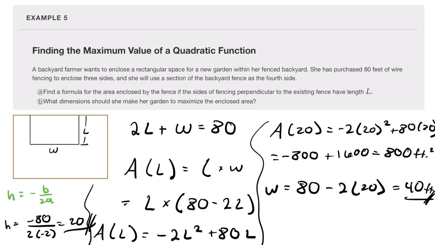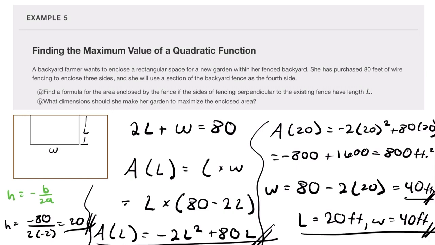So find the formula for the area enclosed by the fence. Okay, so the area based on L, and I think we got that. So that's going to be this guy. So that's part A. And then what dimension should she make her garden to maximize the enclosed area? So the dimensions that maximize, L looks like it needs to be 20 feet and W needs to be 40 feet.